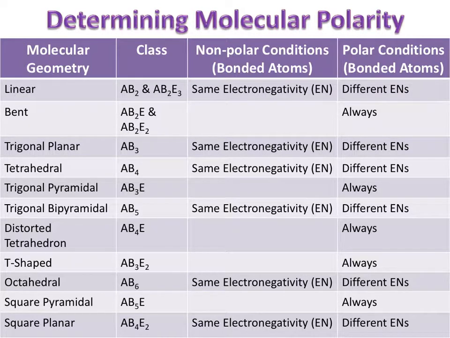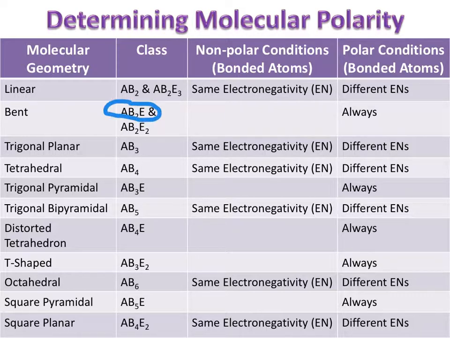And basically what these rules come down to is knowing which molecules are always polar and which ones you have to look at and determine whether or not they are symmetric as far as the electronegativities go. So I'm going to point a few out here.